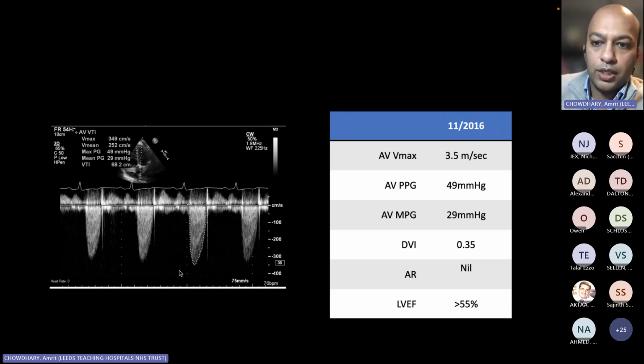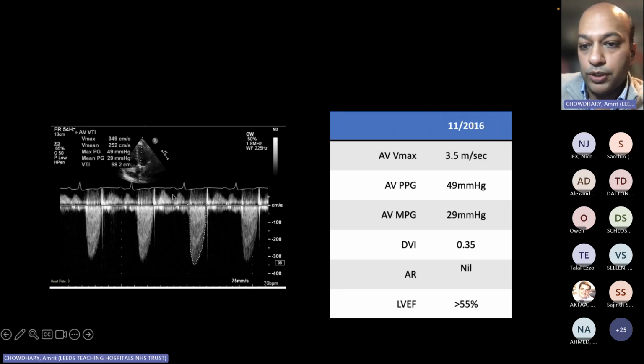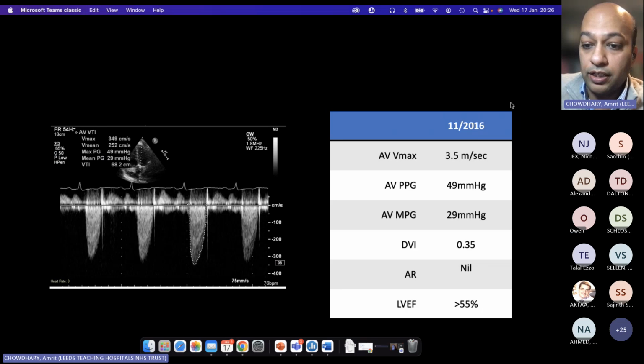And these were her baseline parameters after her valve was put in. So Vmax of 3.5 meters per second, peak of 49, mean of 29, a DVI of 0.35, no AR, and her LV function was normal, so above 55%.